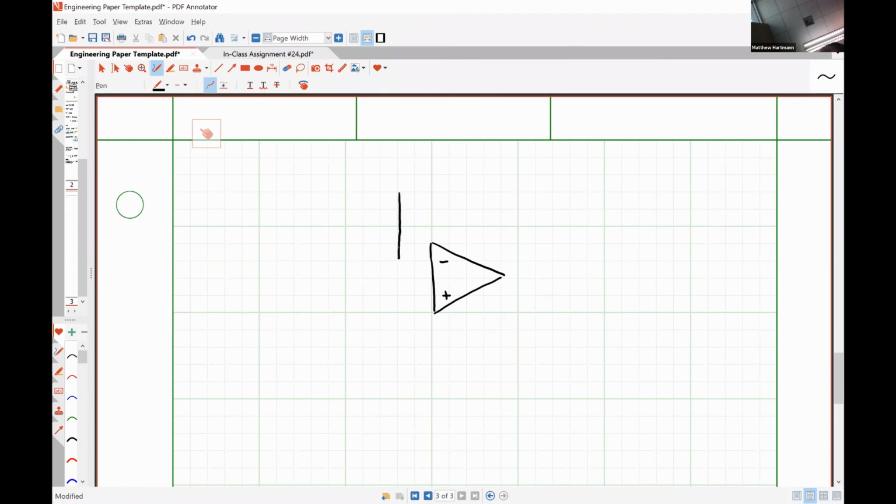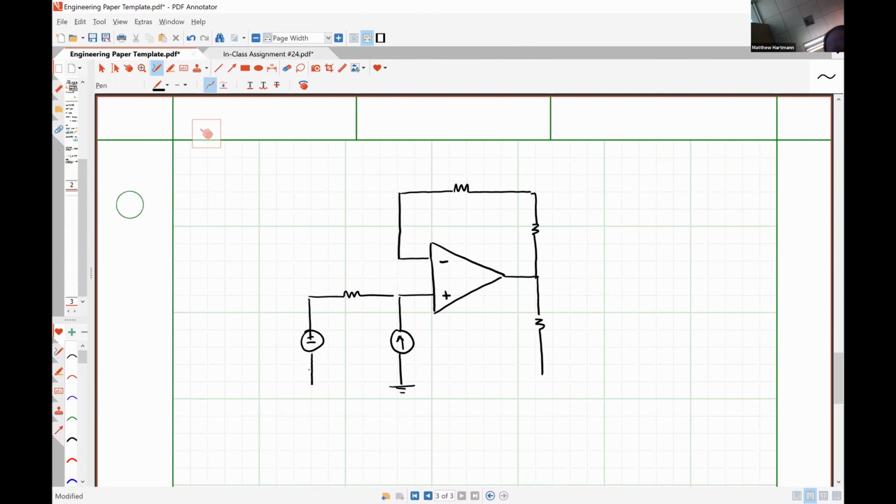Come on, pen, do your job. There we go. So this one looks pretty gnarly.